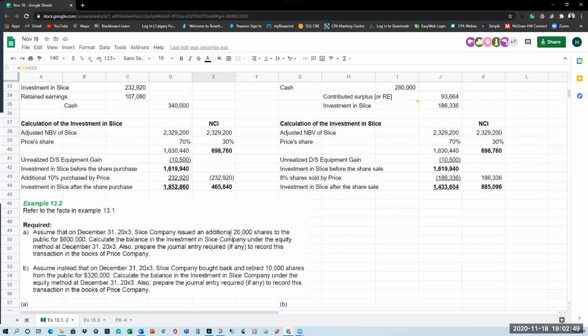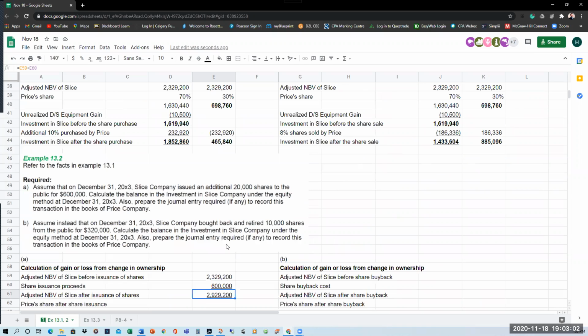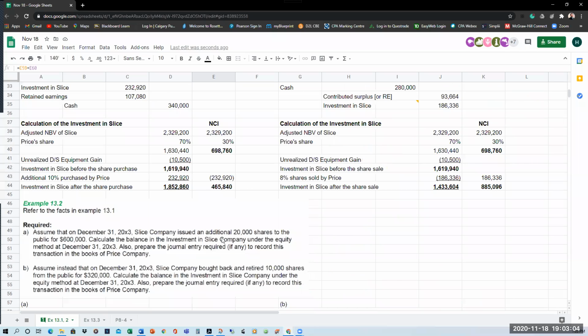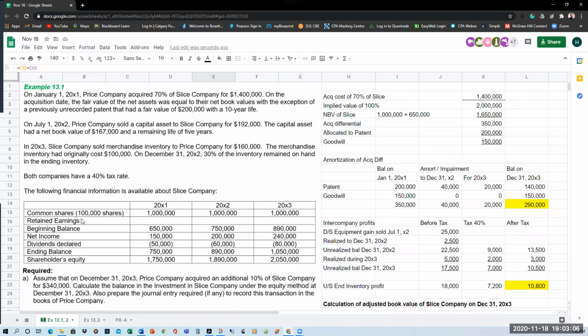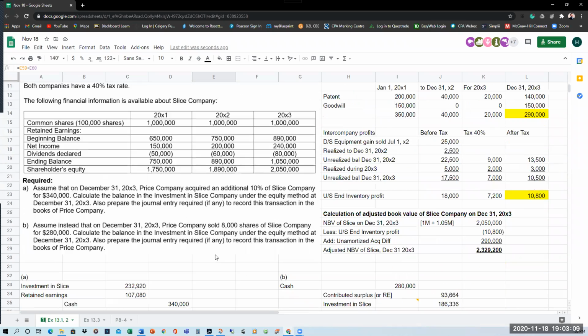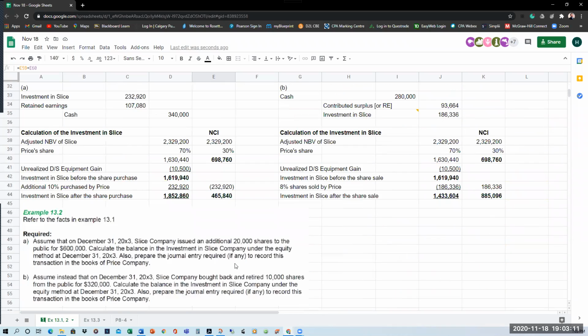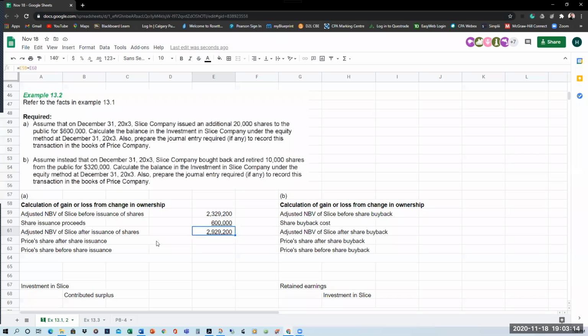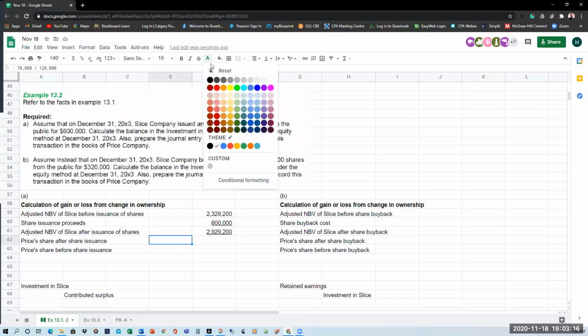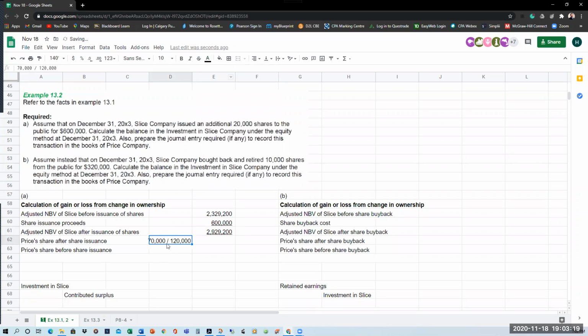Out of the 120,000, Price Company owns 70,000. So is the percentage still 70%? 70,000 out of 100,000 was 70%, but 70,000 out of 120,000 is not.